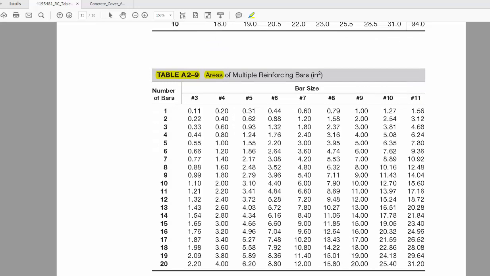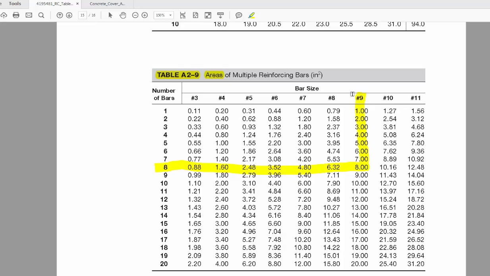So we need 8.025. This is close enough. This is 8 square inches because this is the unit, right? So this means I'm using number 9 bars, 8 bars number 9. That's the meaning.